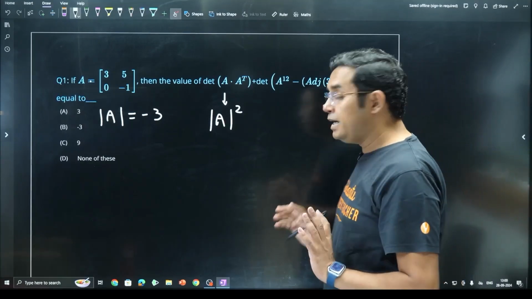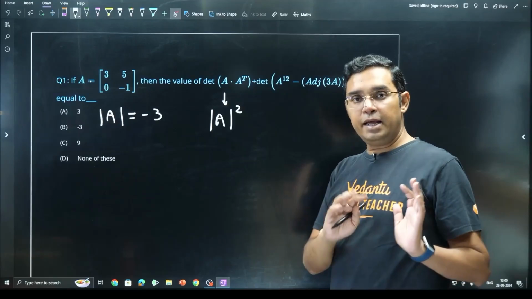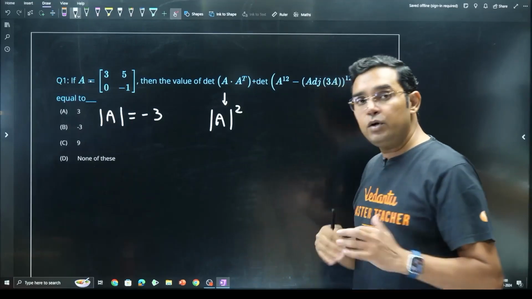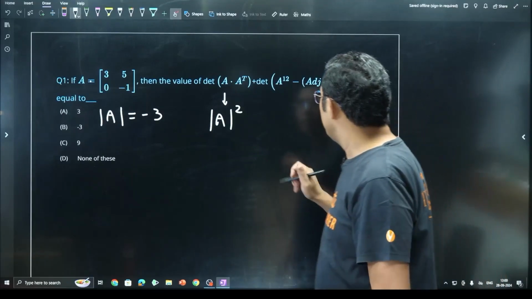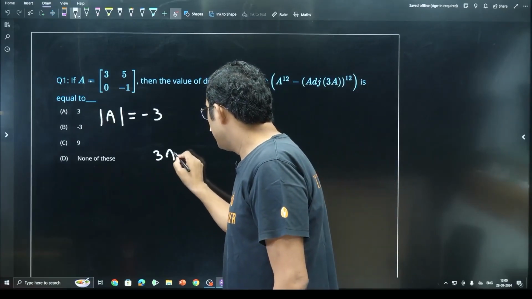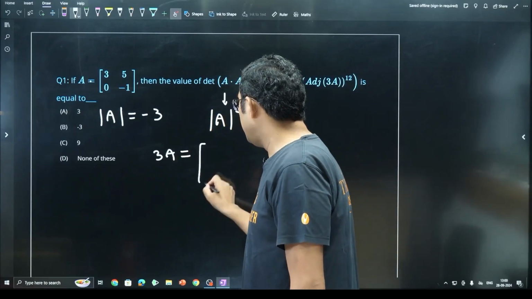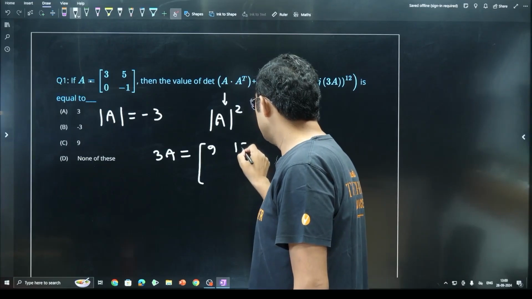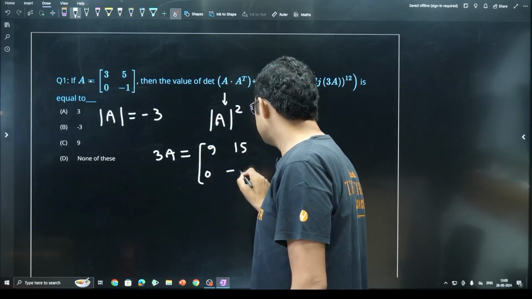Now to do this question, let's try to observe some pattern. There can be some theories also, but we can do this question with the help of a pattern. Please see how. If I find 3A, it will be 9, 15, 0, -3.